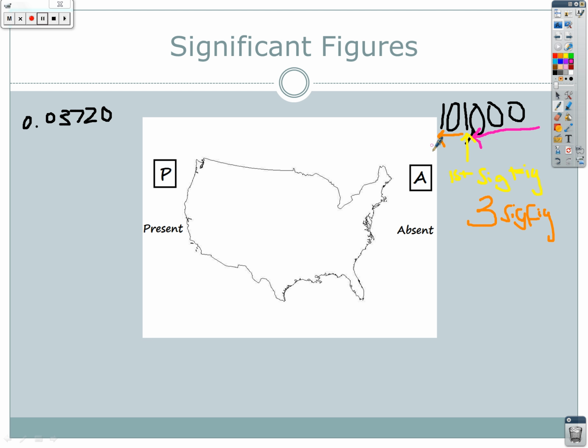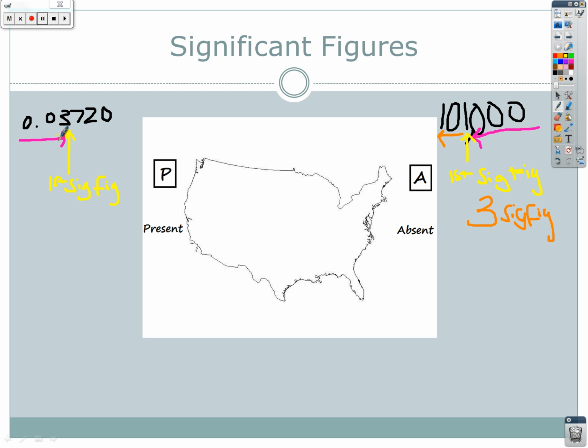Again, because we're now on the Pacific side of the United States, or the left-hand side, we're going to start from the left and go until we see our first non-zero number, which is 3 here. This 3, our first non-zero, is our first significant digit. First sig fig.